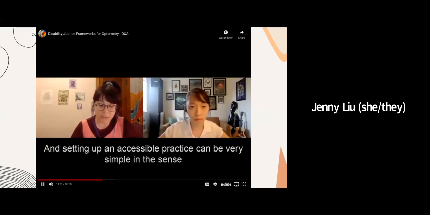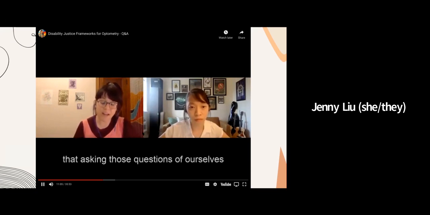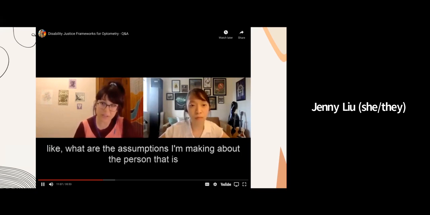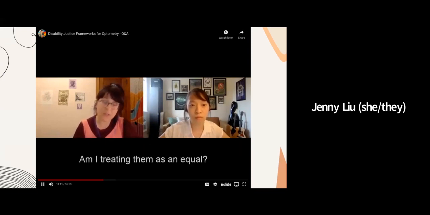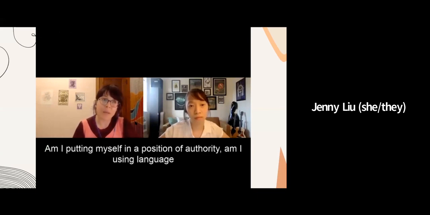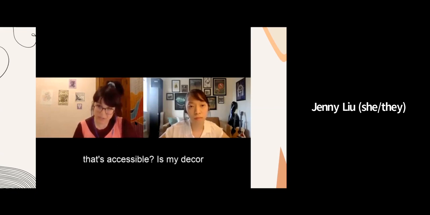Setting up an accessible practice can be very simple, in the sense of asking those questions of ourselves: what are the assumptions I'm making about this person who is coming in? Am I treating them as an equal? Am I putting myself in a position of authority? Am I using language that is accessible?